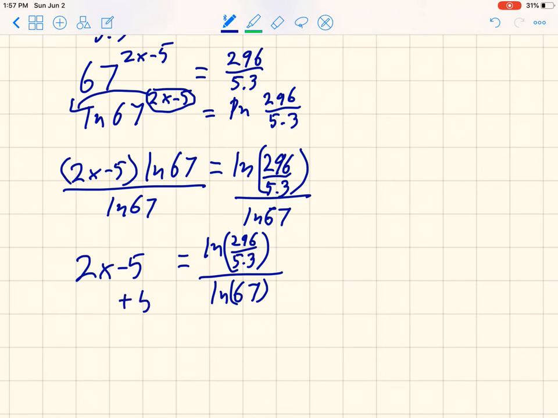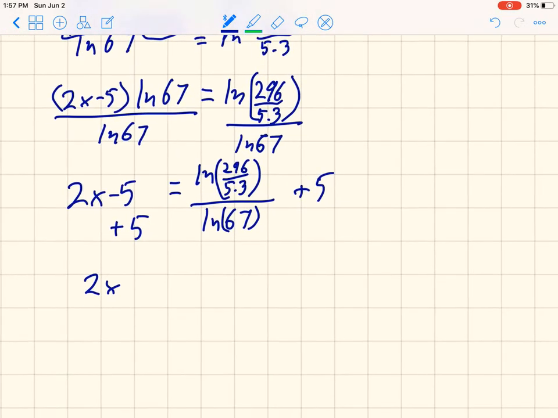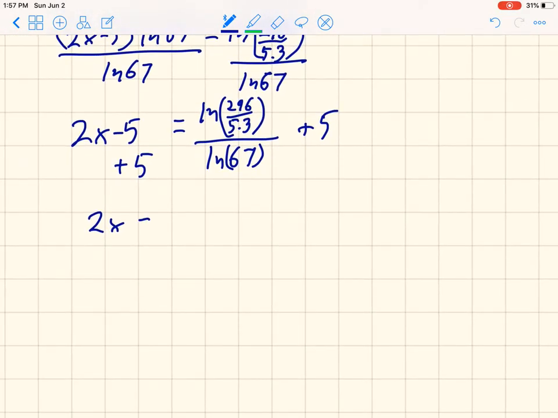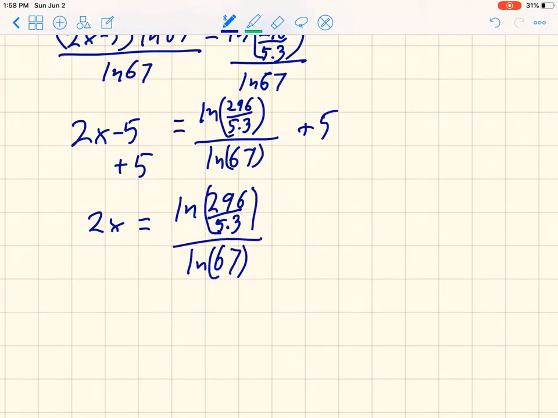So adding 5, and then 2x equals natural log of 296 over 5.3 over natural log of 67 plus 5, and then divide by 2. This is all over 2. So we can actually put this into our calculator all at once and get a decimal approximation.